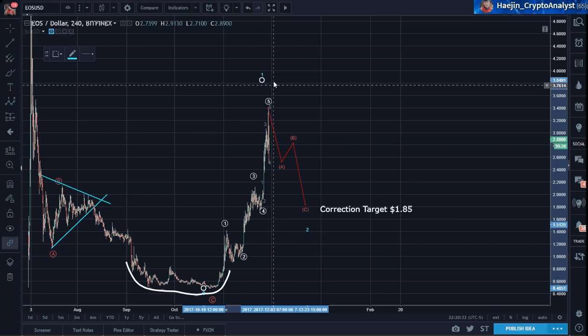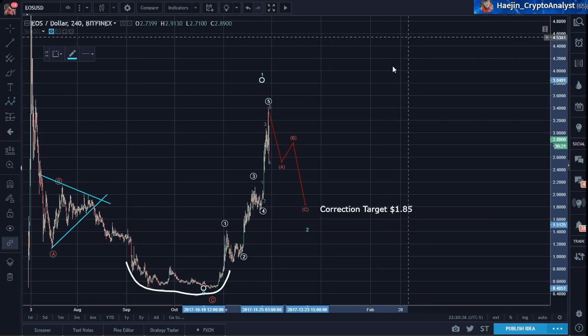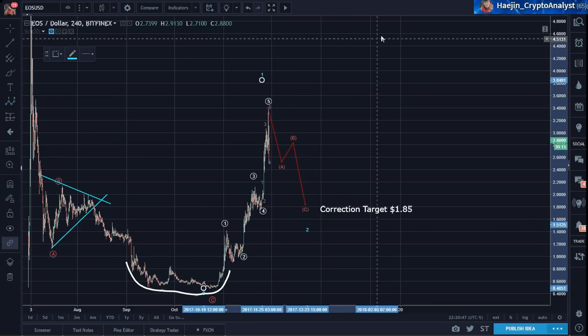So if I have 1, 2, what's next? 3 is going to be up. And I can assure you that 3, if this is correct, 1, 2, that 3 is not going to be lower than the prior high here. It'll be much higher.